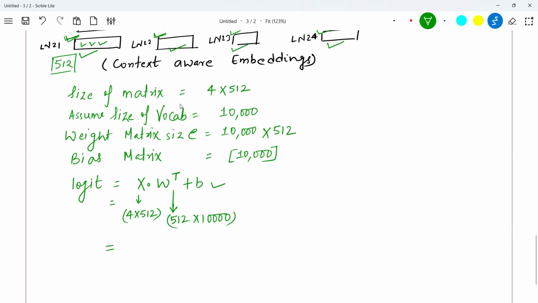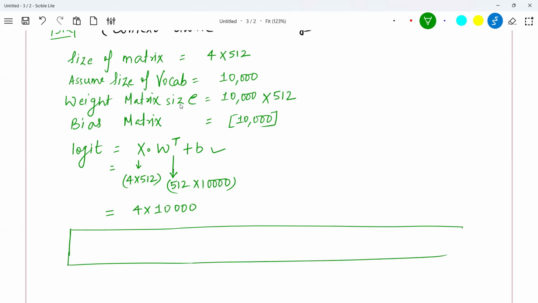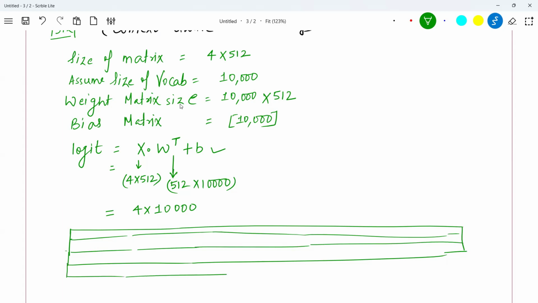The final matrix size that you are going to get will be 4 into 10,000. The meaning of this is you will have a big matrix here with 4 rows and 10,000 numbers. 1, 2, 3 and 4 rows, and in all these you will have 10,000 numbers. This will be 4 into 10,000.